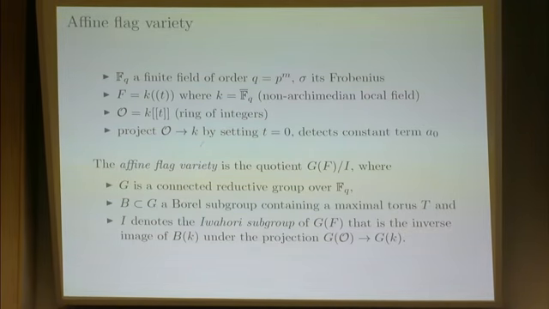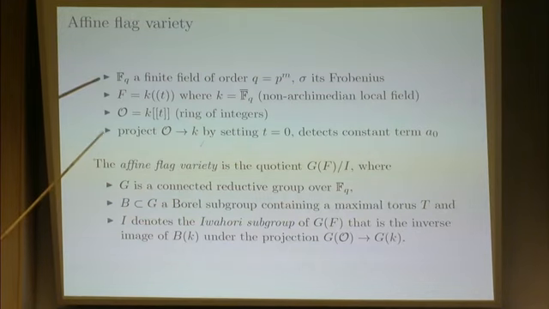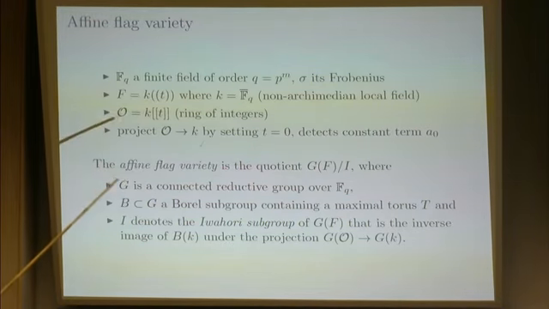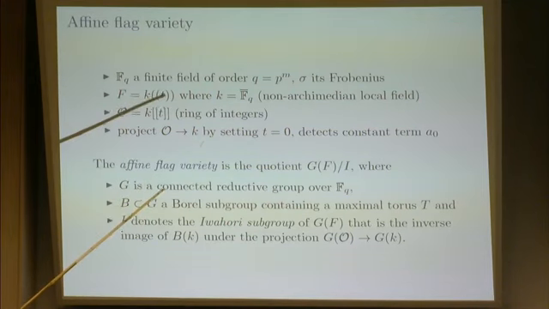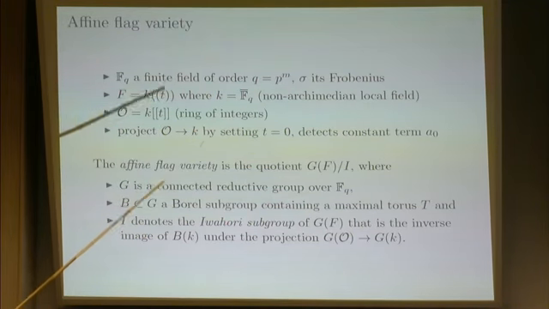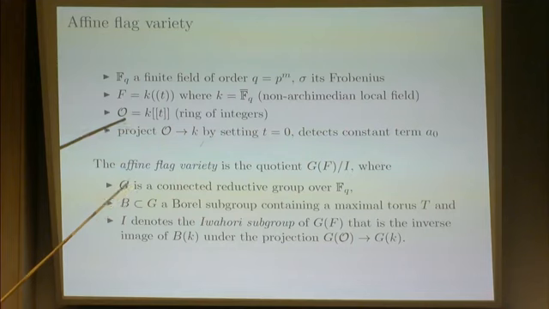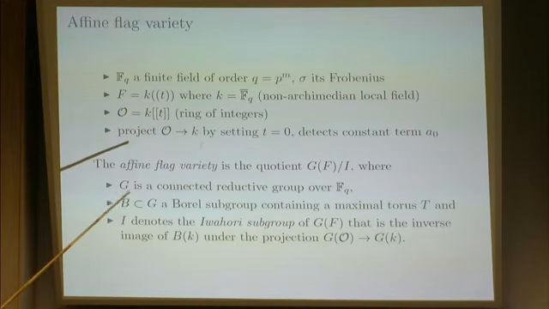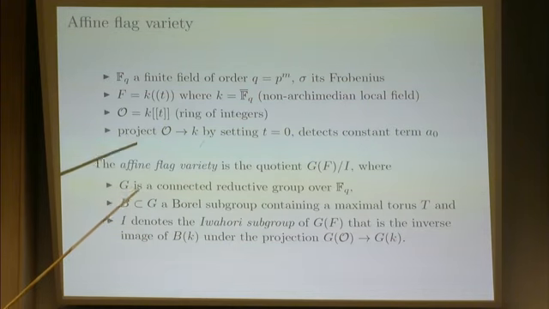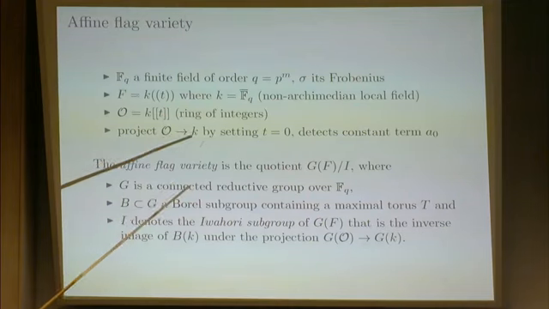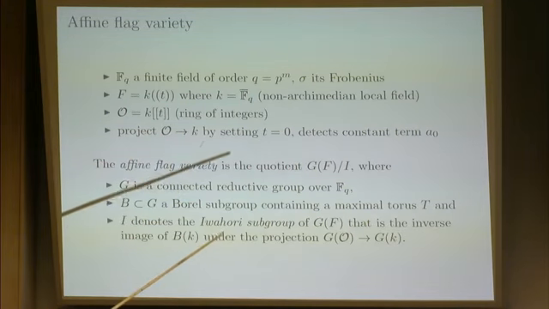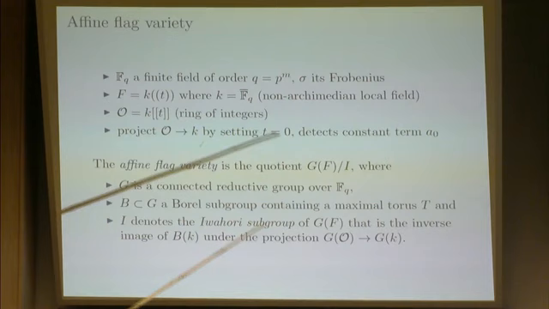And here's what Affine Deligne Lusztig varieties are. We fix a bunch of notation. So you take a finite field of prime power order, you take the Laurent series over an algebraic completion of this field in the variable t, take a discrete valuation in its ring of integers, so O is the power series ring. And then there's, of course, a projection of O onto the algebraic completion you started with, which is setting your variable to 0.